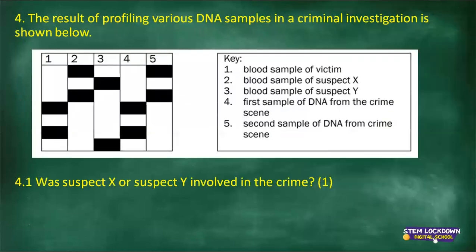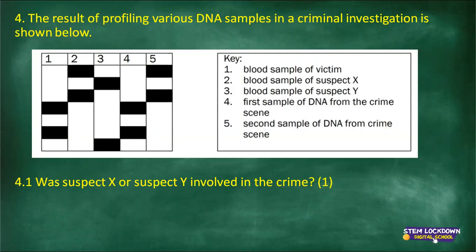Perfect. I'm sure you remember the profiling issues. The result of profiling various DNA samples in a criminal investigation is shown below. We have the profiling sample, and the key that is able to examine the suspect blood sample.